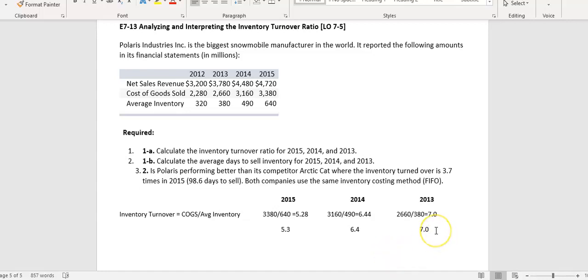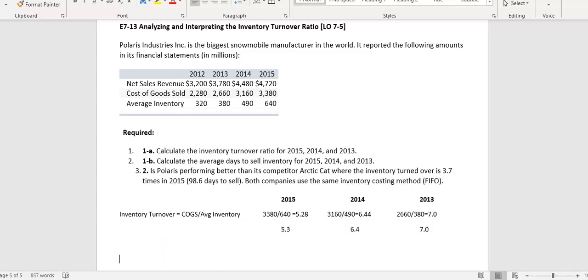We had a higher inventory turnover. We bought and then sold our average inventory 7 times in 2013, 6.4 times in 2014, and only 5.3 times in 2015. So we're actually decreasing in our turnover, which is not a good thing.